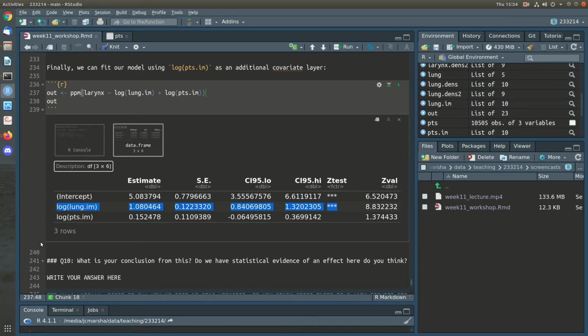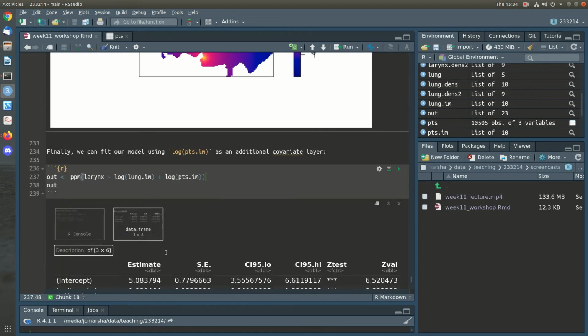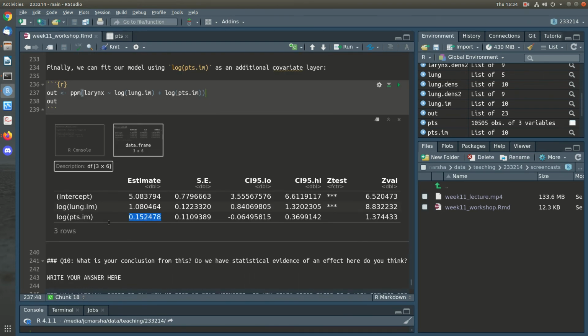But then we see that the distance from the incinerator is positive. So as you move towards the incinerator, the incinerator variable gets big, positive, and the risk of larynx cancer increases because we've got a positive estimate.